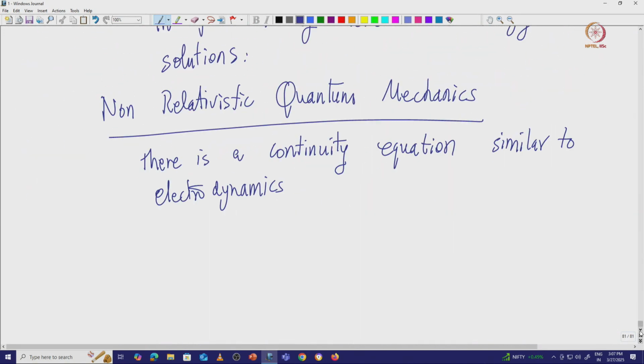The non-relativistic Schrodinger equation is given by minus h cross square by 2m del square psi is equal to minus i h cross del psi by del t.